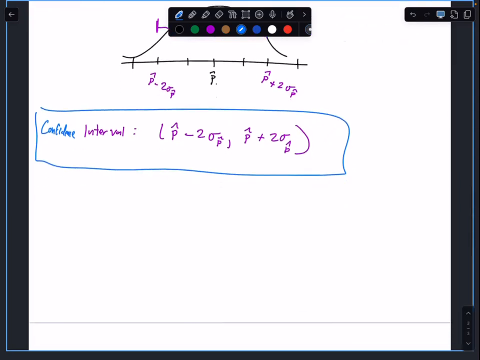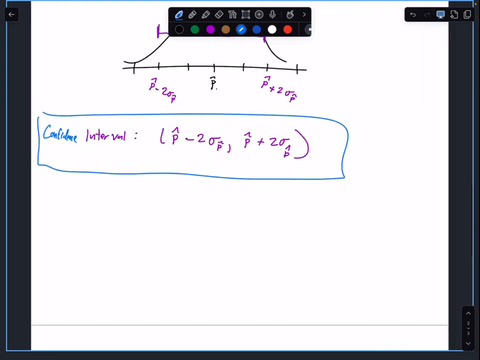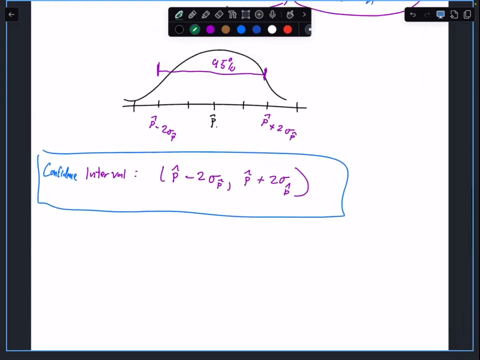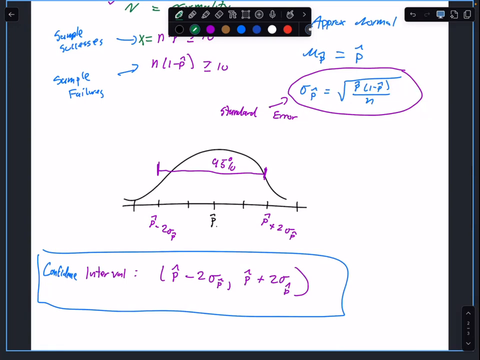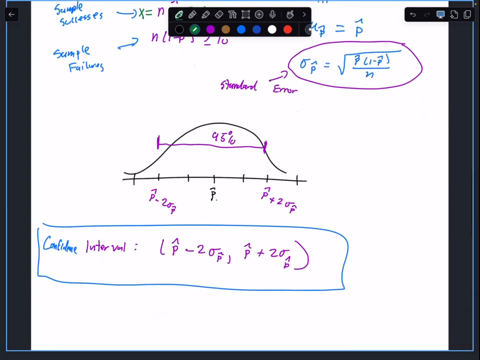Now, I want you to note something: there's a connection here between the standard errors. If I make n bigger, then the standard error becomes smaller.